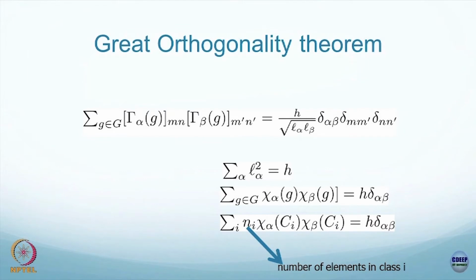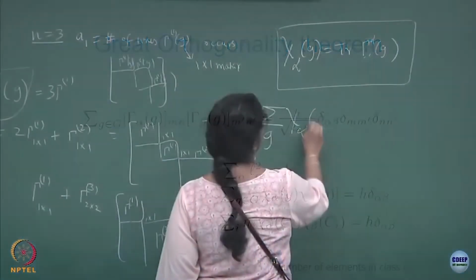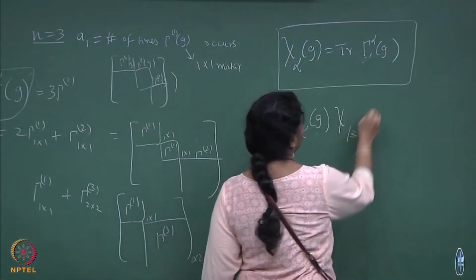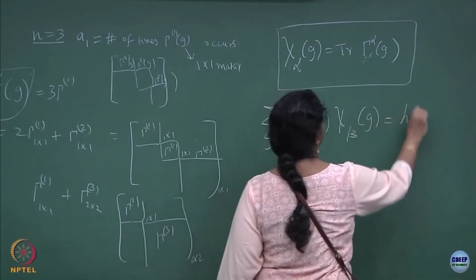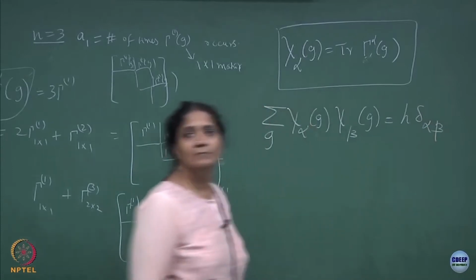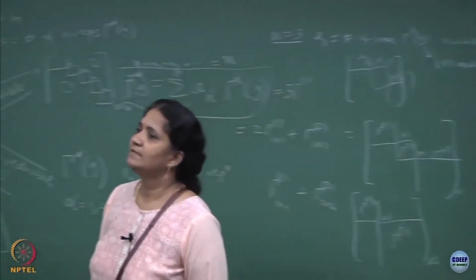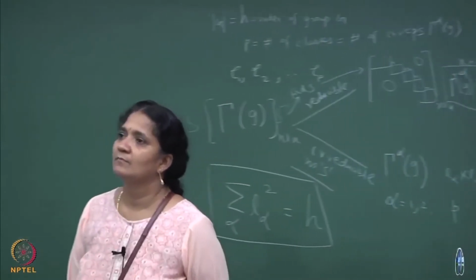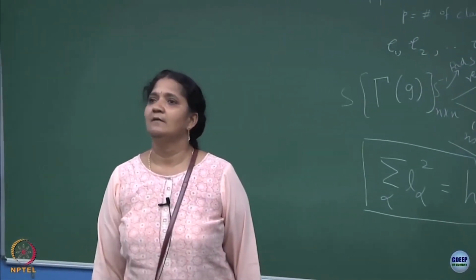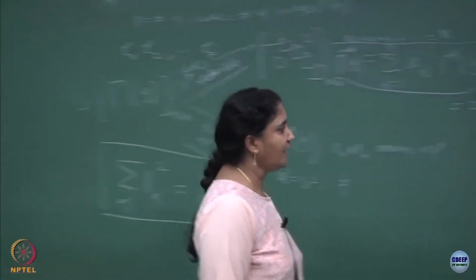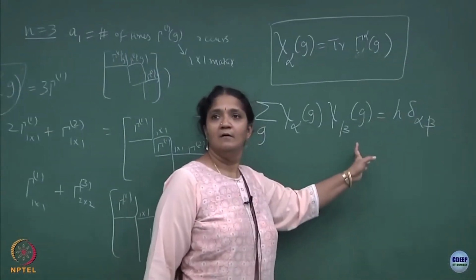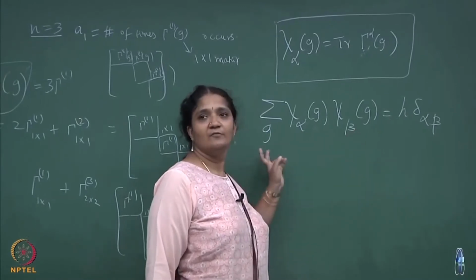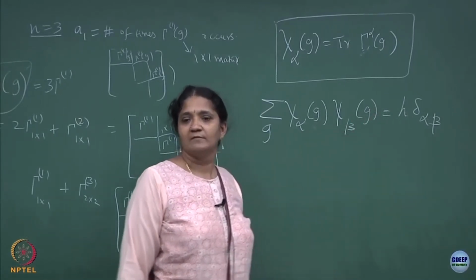So, you can play around on this great orthogonality theorem by taking a trace, and then you can derive summation over G, chi alpha of G, chi beta of G to be equal to h times delta alpha beta. Okay. Is this clear? Are you all following? So, the characters are orthogonal if they are different irreps, and you have to sum up over all these elements and then do that.